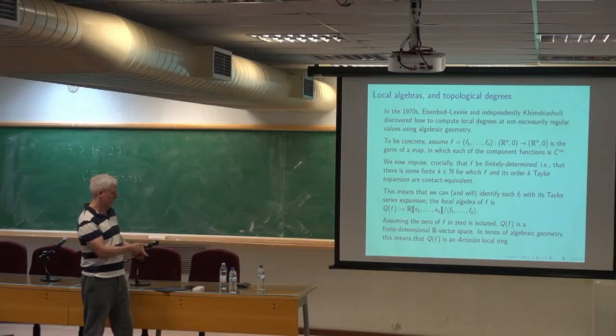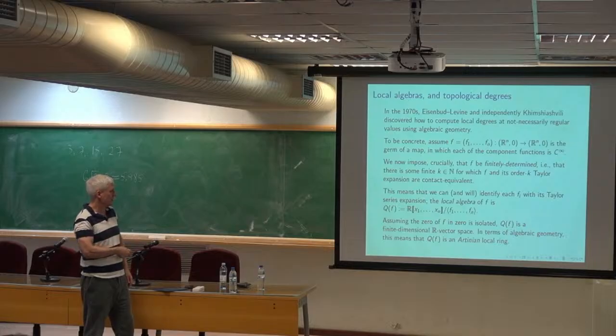And then, in perfect analogy with what we do in algebraic geometry, I'm going to define the local algebra of this mapping germ near the origin as the quotient of the ring of power series in the variables of the ambient space modulo the ideal generated by the components of the map.